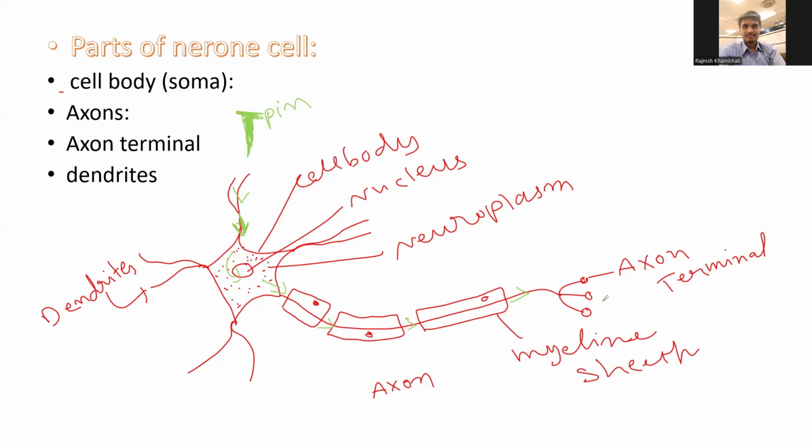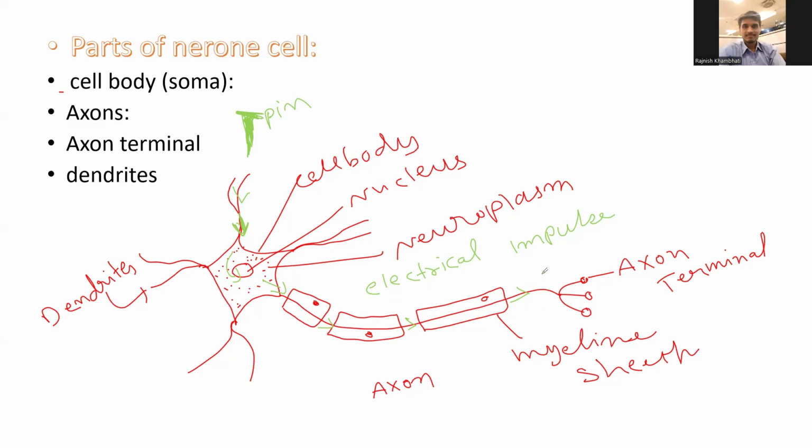This message, which is called action potential, the nerve impulse, travels from the dendrite to the neuroplasm, to the axon and axon terminal in the form of an electrical impulse. Till here it travels as an electrical signal.